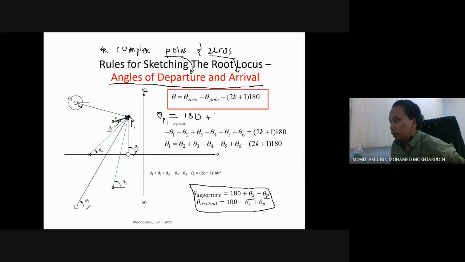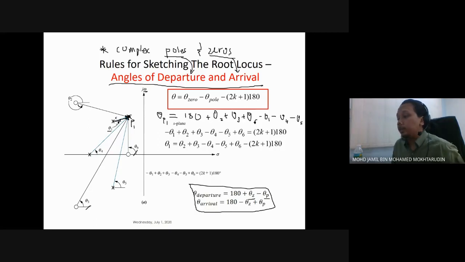So you find theta 2 plus theta 3 plus theta 6, and then minus all the angles measured from the poles. Okay, so theta 1, theta 4, and theta 5. So theta 1 minus theta 4 minus theta 5. Okay, so this is only for this pole.